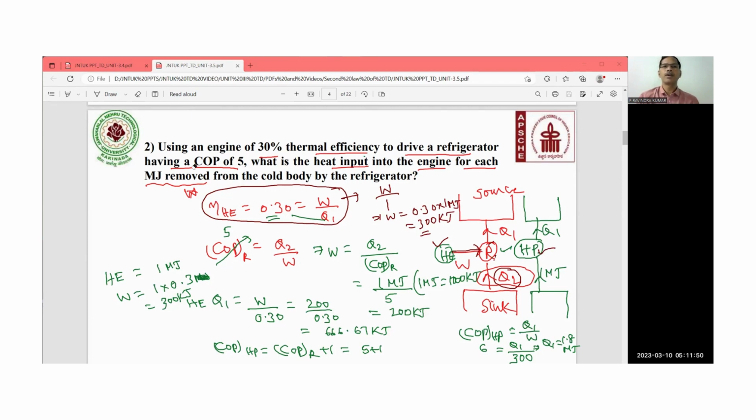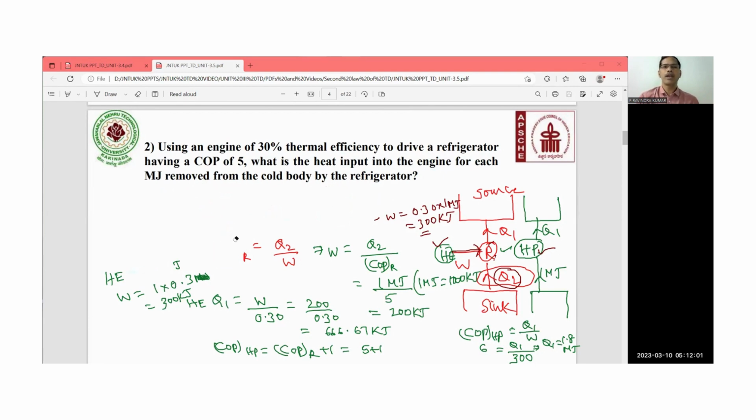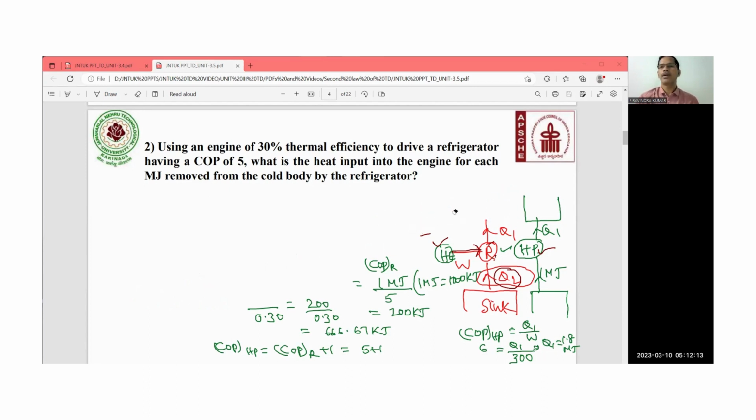Okay, hope this is clear. Sometimes the problems are going to be very tricky, so try to understand how the connections are to be placed. When the heat engine is connected to the refrigerator, what is its performance? In the same way, when the same heat engine is connected to the heat pump, what about its performance?